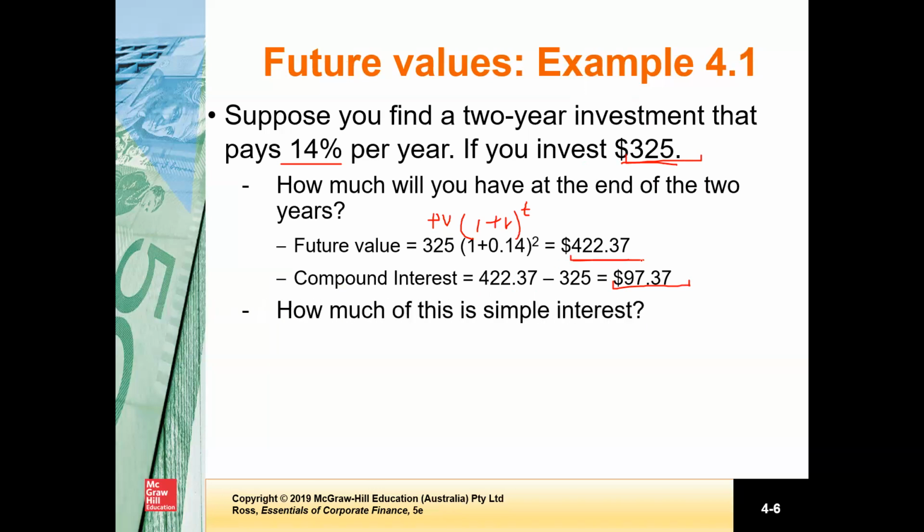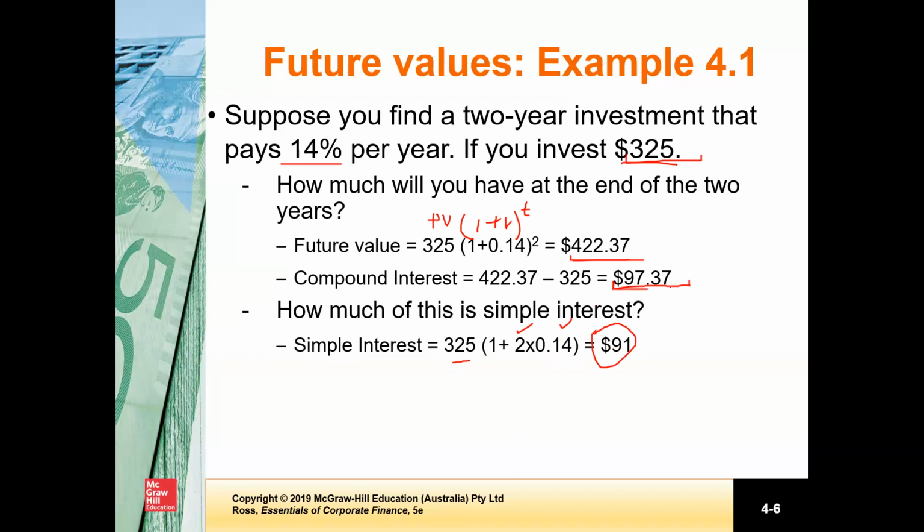Now, if we want to find out how much is the simple interest and how much is the compound interest, look at this. Simple interest means interest is calculated only on the principal. So 14% is the interest rate, 2 periods, and if we multiply by 325, we get $91. That is the simple interest earned only on the principal.